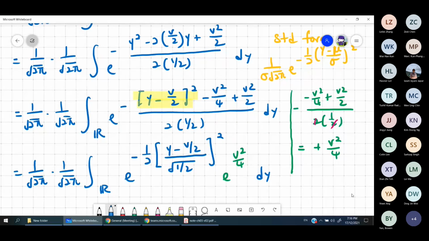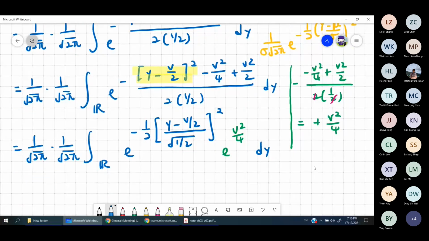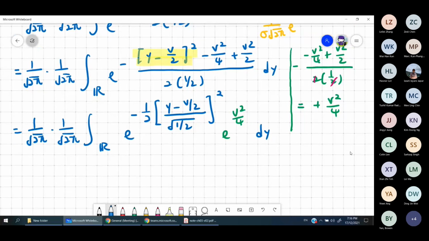So you have to put a sigma and sigma here. Okay, so from that, you can see this one ends up being 1 over square root of 2 pi.